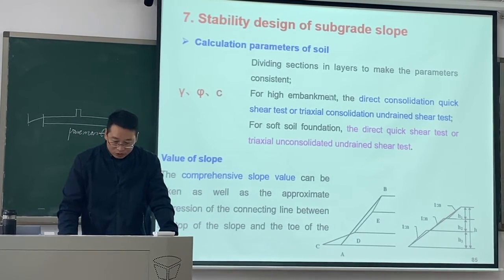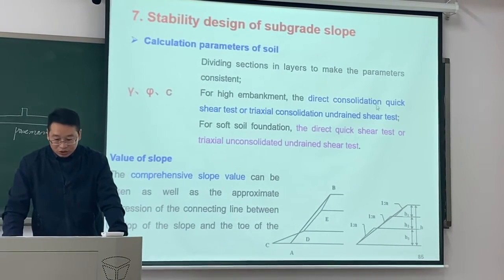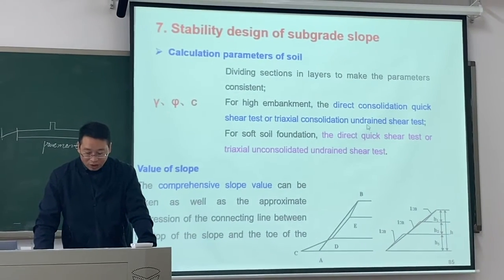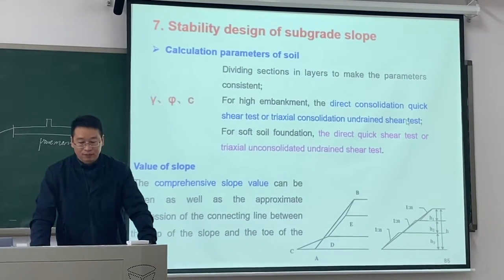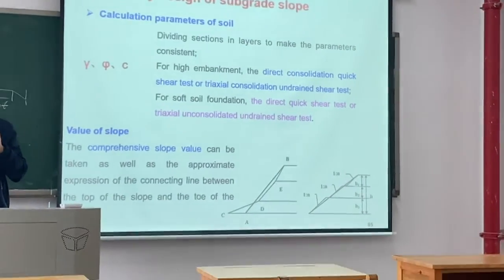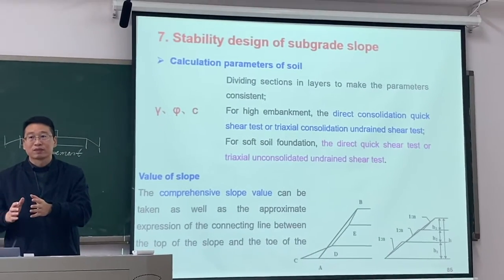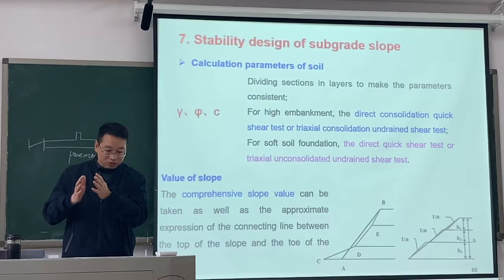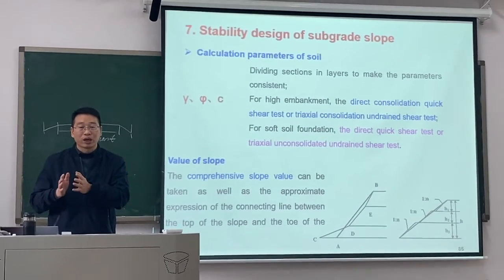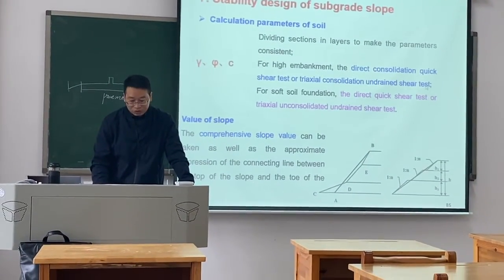For high embankment, the direct consolidation quick shear test or triaxial consolidated undrained shear test are used to determine the parameters of different soils. We can use direct consolidation quick shear test or triaxial consolidated undrained shear test.